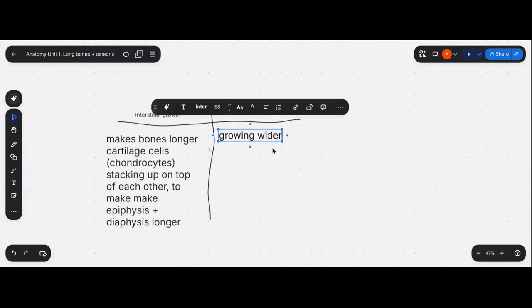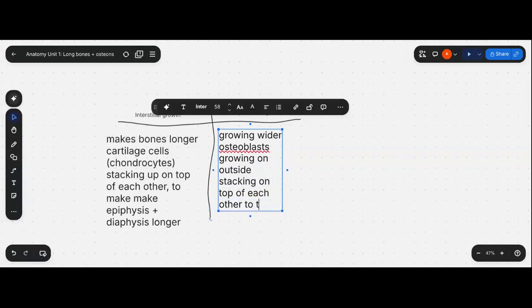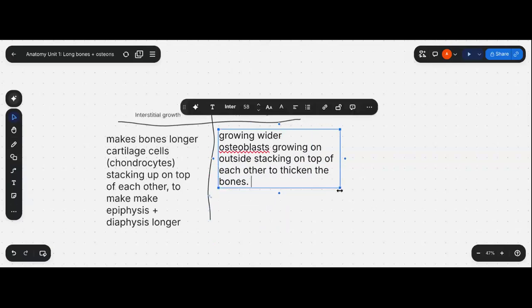With appositional growth, it's a little bit different because you have osteoblasts that are growing on the outside, stacking up on each other again to thicken the bones, but on the inside, osteoclasts are breaking down bone.